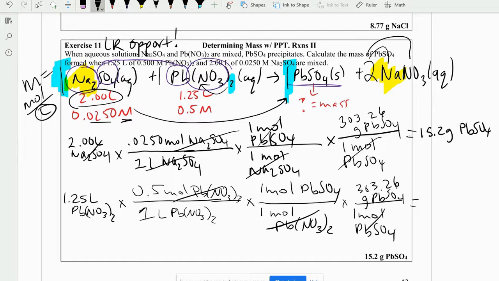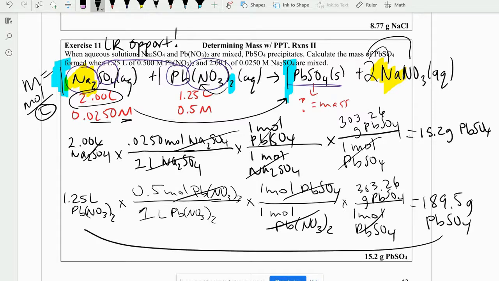Sorry about my handwriting, you guys. Cross-cancel your like units. I'm in grams. I'm done setting it up, though I need to calculate. When I did the calculation here, you guys, I got a huge number: 189.5 grams of lead sulfate would be formed if we're taking into consideration the lead nitrate reactant.